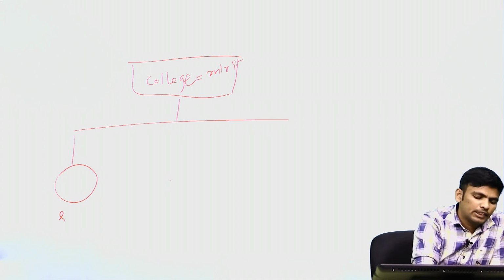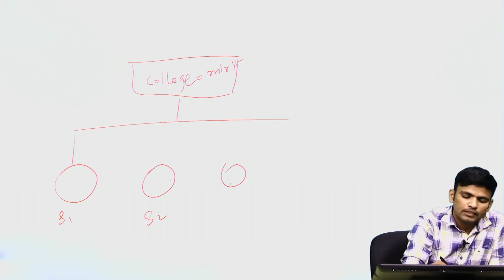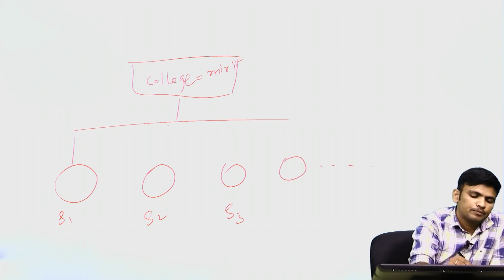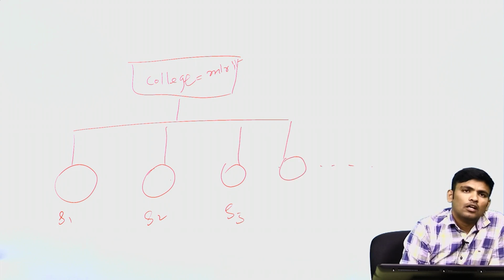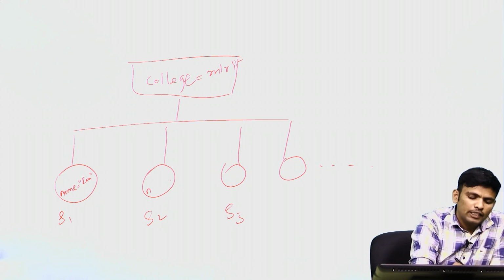Let's take S1, student, S2, S3, S4, and so on. Now the S1 object has the name, let's take an example, Ram, and the S2 object has the name Sita.